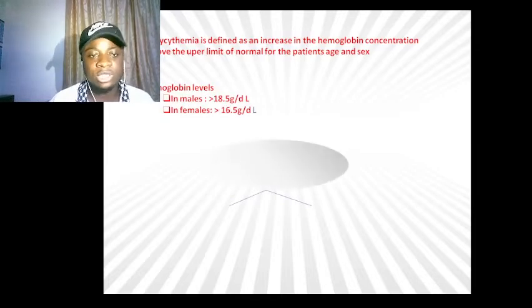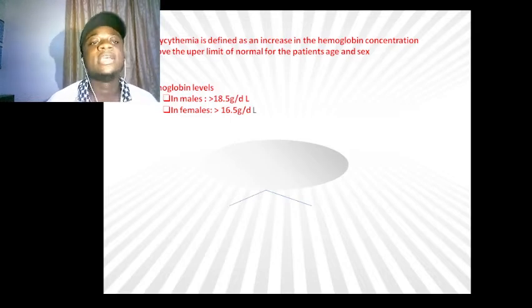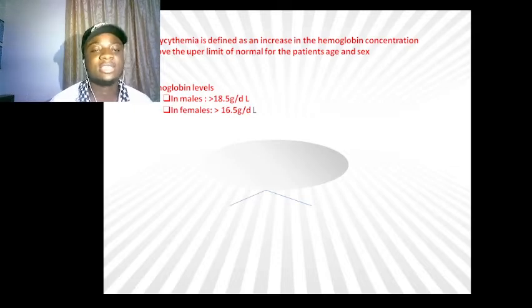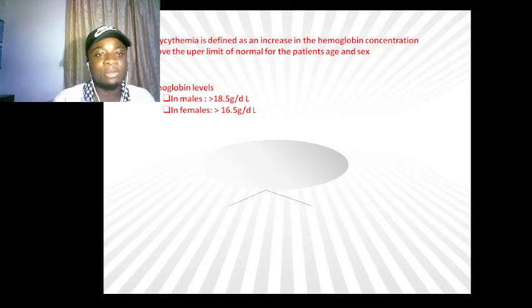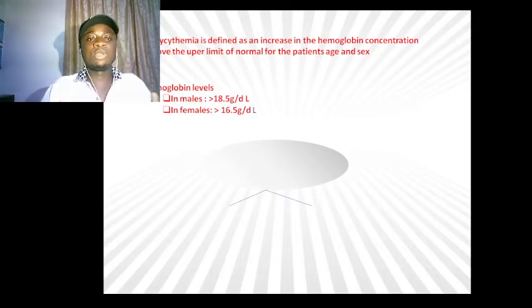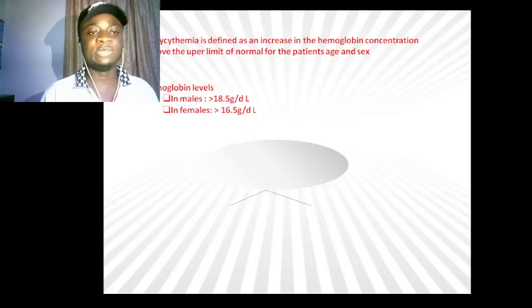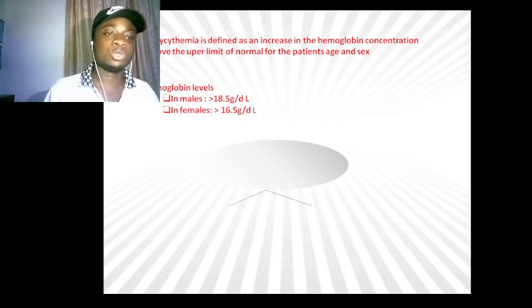So hemoglobin level. In males, if the hemoglobin exceeds 18.5, then we say that patient is likely to have polycythemia, because 18.5 is the upper limit for males. If a male comes to your facility, runs FBC, and finds that the hemoglobin concentration is above 18.5 grams per deciliter, you suspect polycythemia.